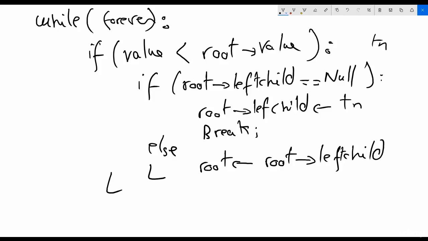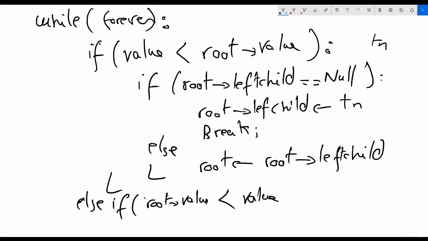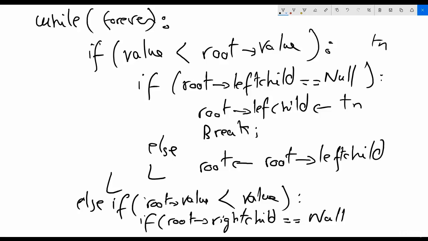Now what if the value is bigger than root value? So we're going to cover that now. Else if a value is bigger than root value. If that's the case, then again, we're going to check whether there is an empty spot to the right. So if root right child is null, it means that there is an empty spot there.